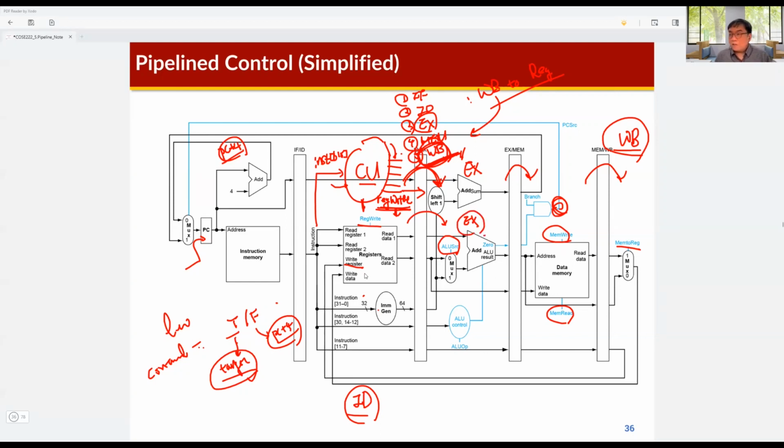And if a certain control signal is consumed at the memory stage, then this control signal goes through the ID/EX stage and EX/MEM stage registers, like the data. And then these control signals are connected to the control port of the data path element in the memory stage. Actually, the basic idea is very simple.